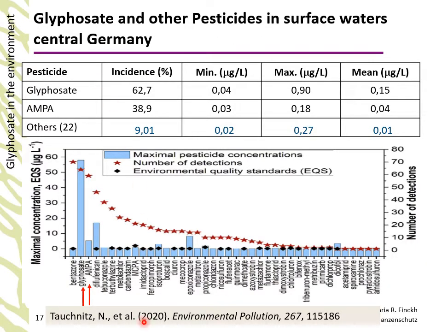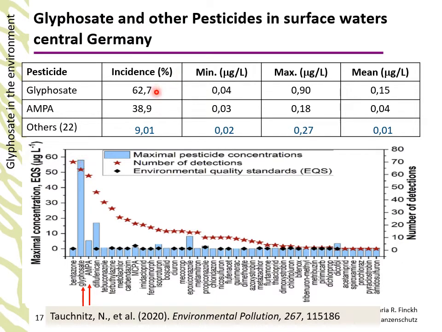This was published in 2020, and you see here the maximal concentrations that were found in microgram per liter, and you see glyphosate was the highest concentration that was found in the surface waters in Germany, followed by some others, but glyphosate was by far the most found.